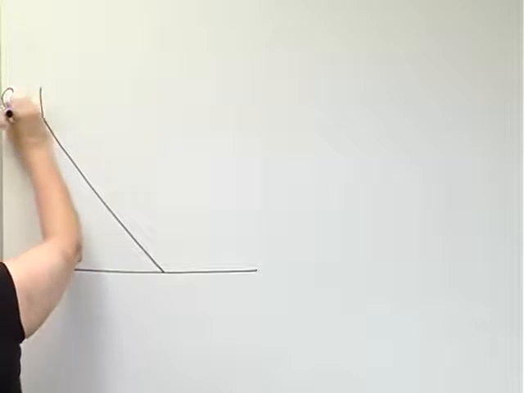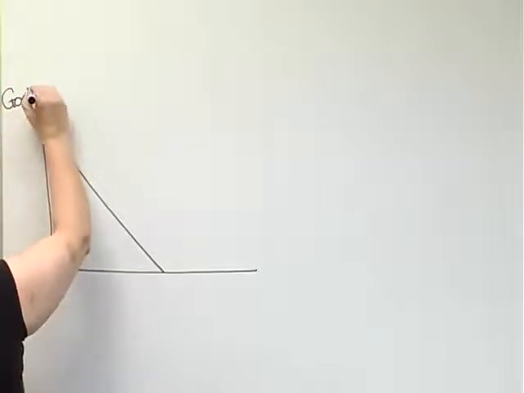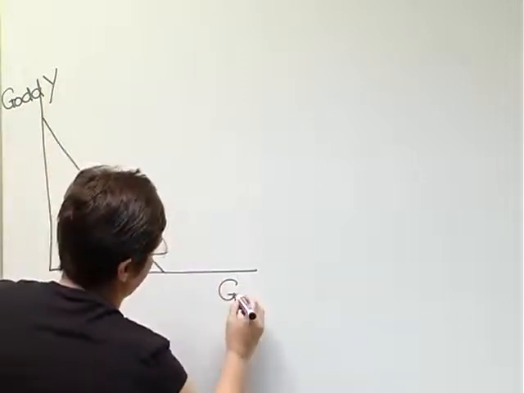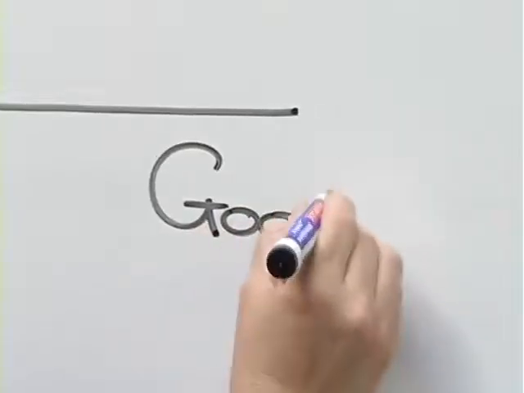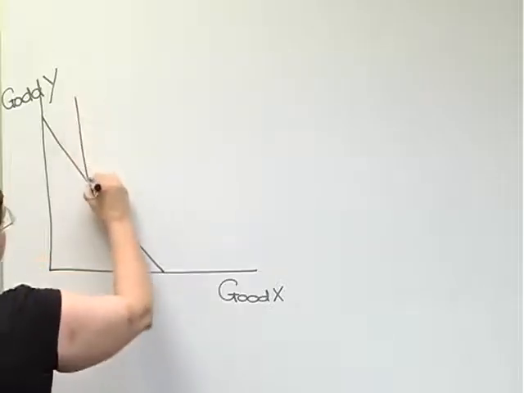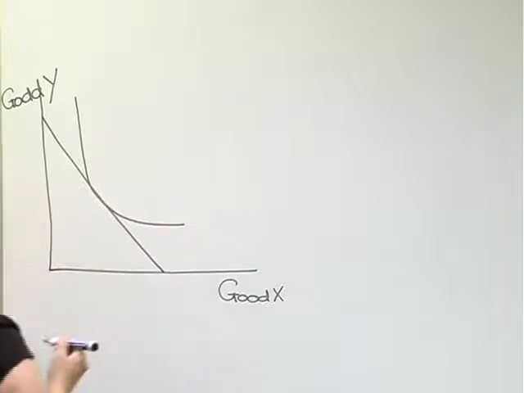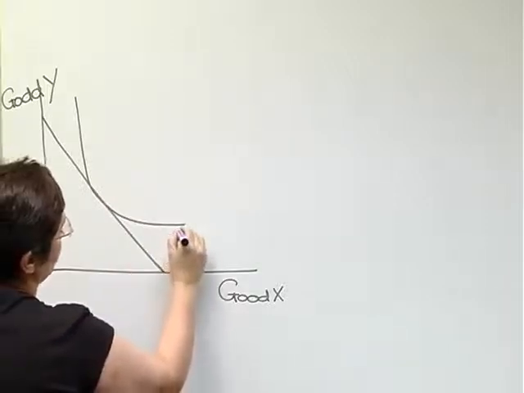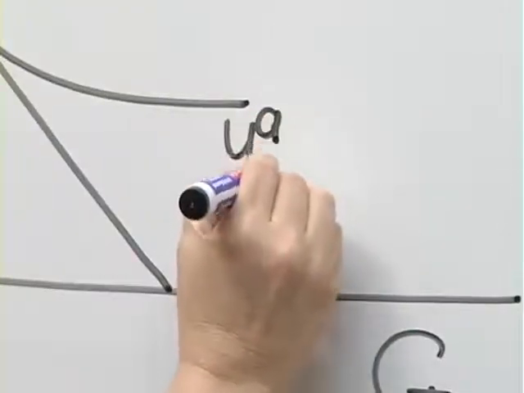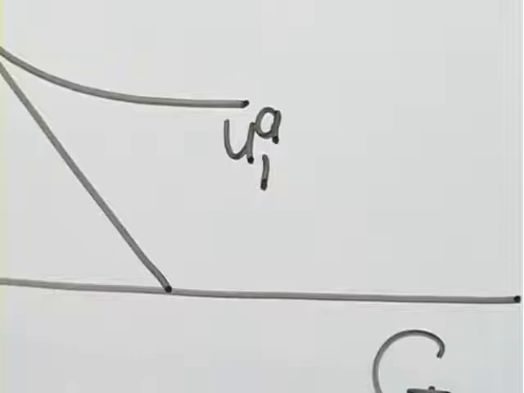In this case, this is good Y and good X, and when it comes to choices, this person has a specific indifference curve, and this we call utility A of person A, the first one.